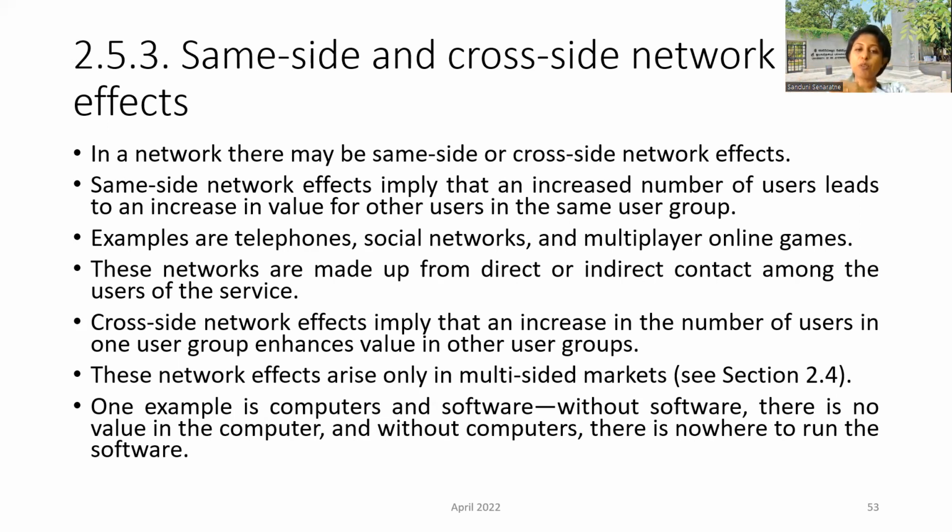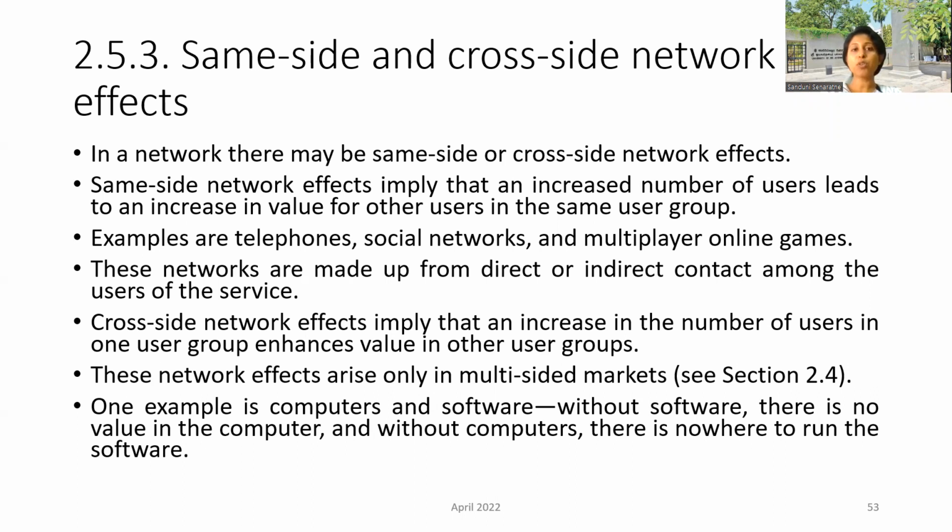Examples: telephones, social networks, multiplayer online games. For example, in a social network, when more and more users get added to the network, it increases the value that other users can get out of the network. Let's assume a social media network. It happens within the same user group.